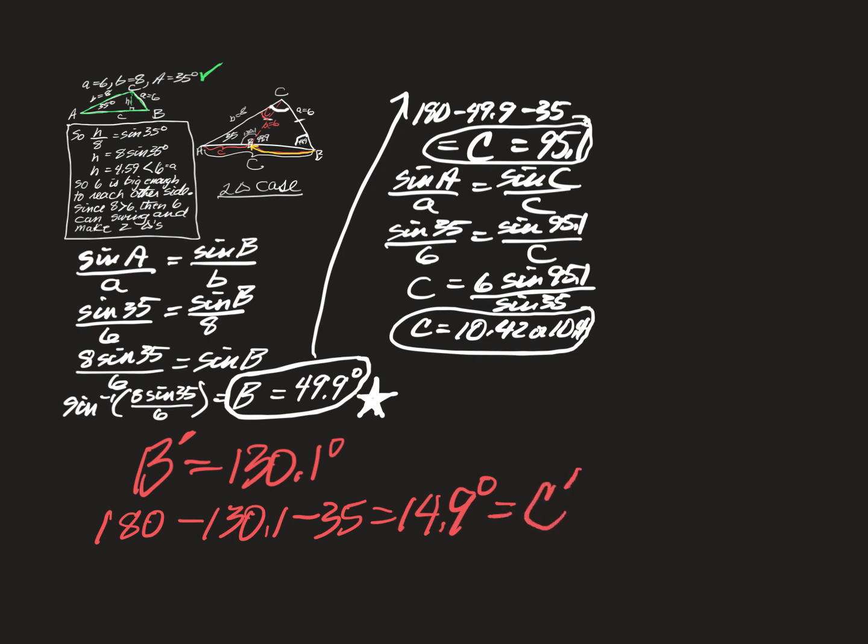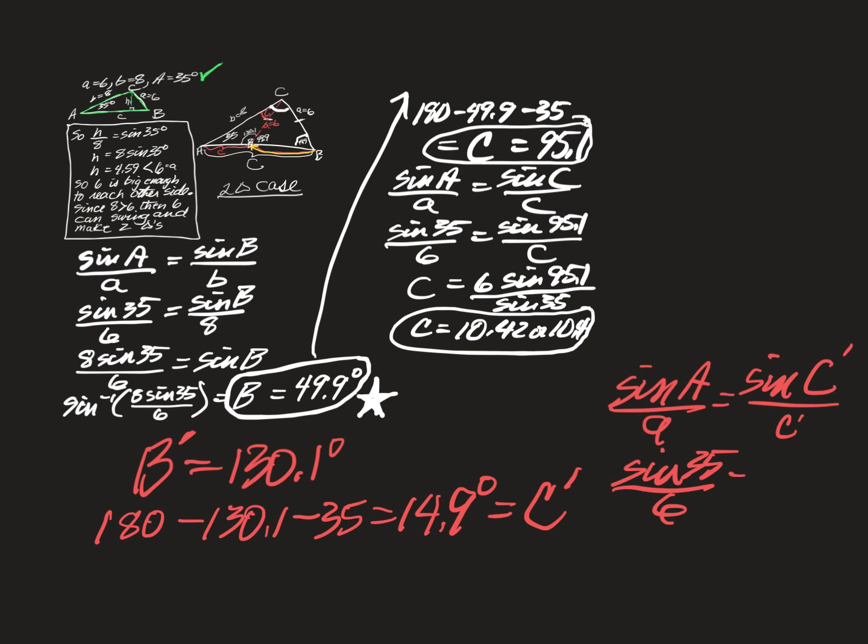Okay? Once I have that, I just have one law of sines to do. I can do sine angle A over A equals the sine of angle C prime over little c prime, if you wish. So that'll be the sine of 35 over 6 equals the sine of 14.9 degrees over little c prime.